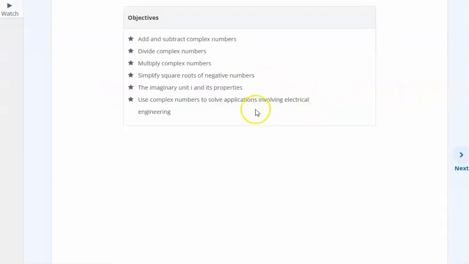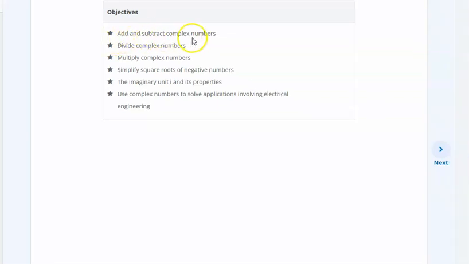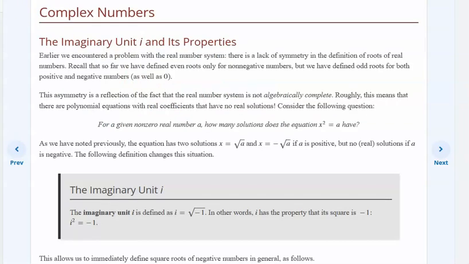And as we start, we'll take a look at the objectives: add and subtract complex numbers, divide complex numbers, multiply complex numbers, simplify square roots of negative numbers, the imaginary unit I and its properties, and using complex numbers to solve applications involving electrical engineering. And as usual, take a moment, pause, read this over.